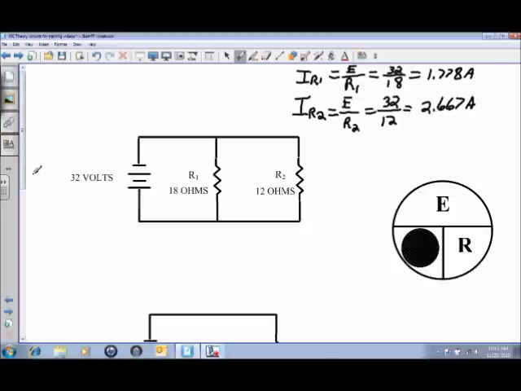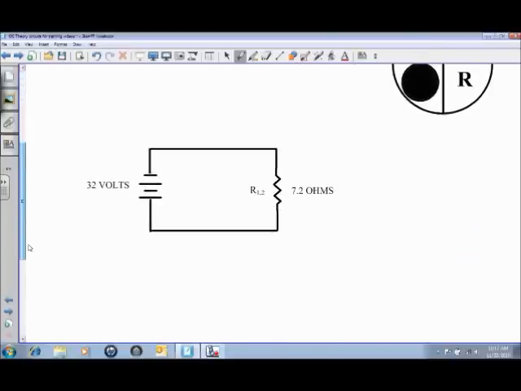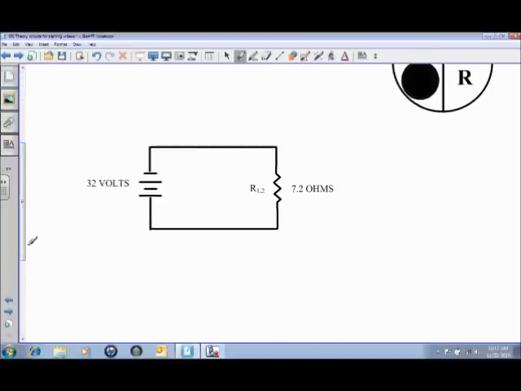Now, you can go ahead and use all of your totals. We calculated the total resistance, or the total opposition to current flow earlier, and we have the source voltage. So if we wanted to calculate total current flow using Ohm's law, we can definitely do that. And you're just going to be using all of your totals.